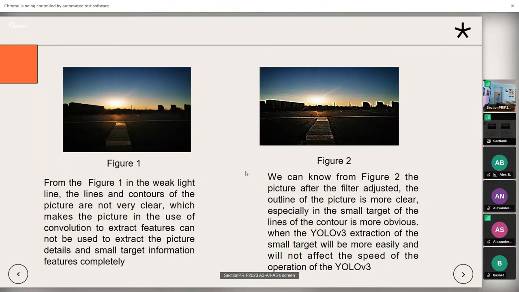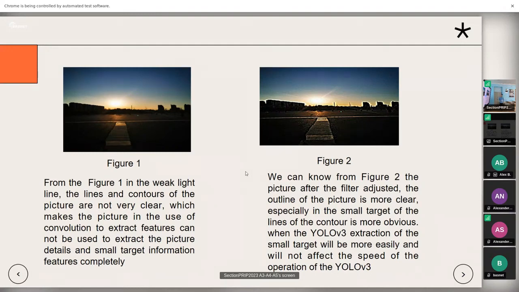And to follow, we can see image 1, the original photo. Image 2, this photo after the filter adjustment, we can see the outline is already very clear, and we use this photo in YOLOv3.